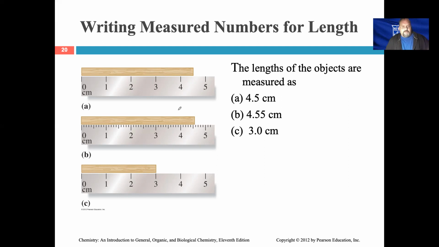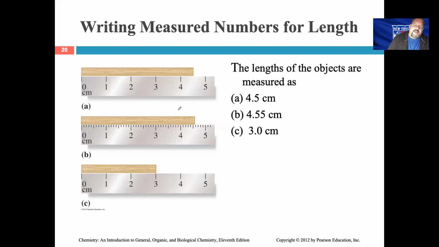Same thing in B. Now in B, there are more markings between each of the centimeters. So here, you have markings to the tenths. Between 4 and 5, you have 4.1, 4.2, 4.3, 4.4, 4.5. So here, it looks like it's between 4.5 and 4.6.